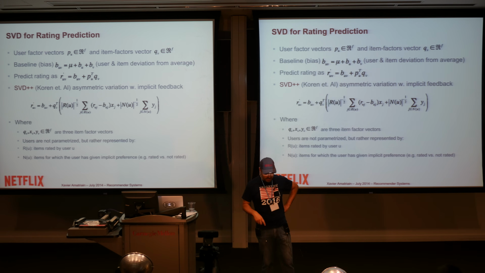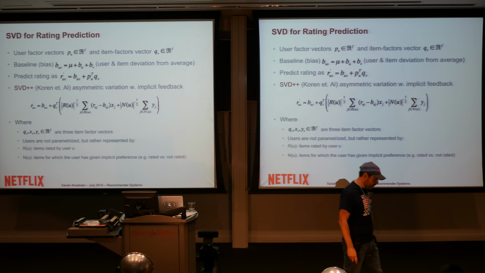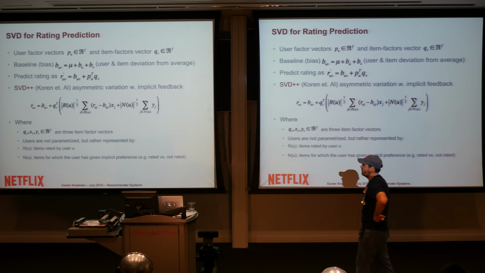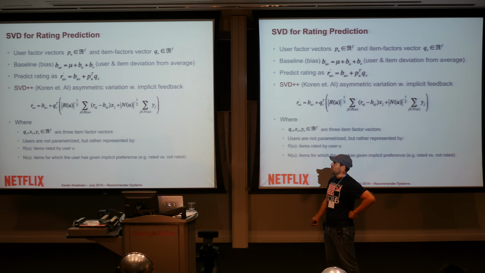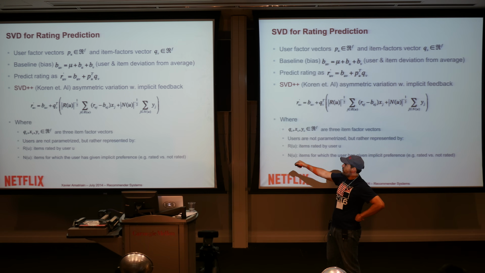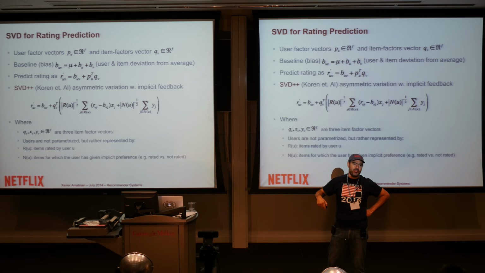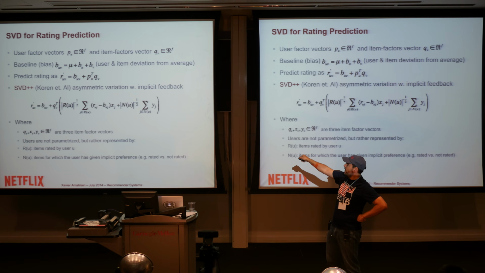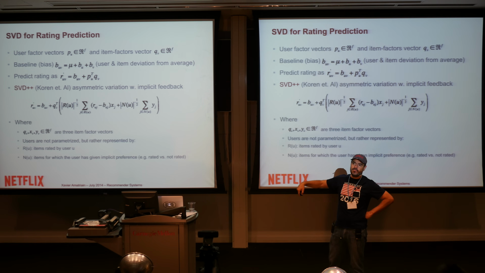Now, how do you use SVD or matrix factorization for rating prediction? So the idea is quite simple, right? The matrix that we had before, you had some user factor vectors, and you have some item factor vectors, right? So basically, let me go first to the second equation here. The idea is that you predict the rating for a user and an item by multiplying the user vector times the item vectors. Okay?